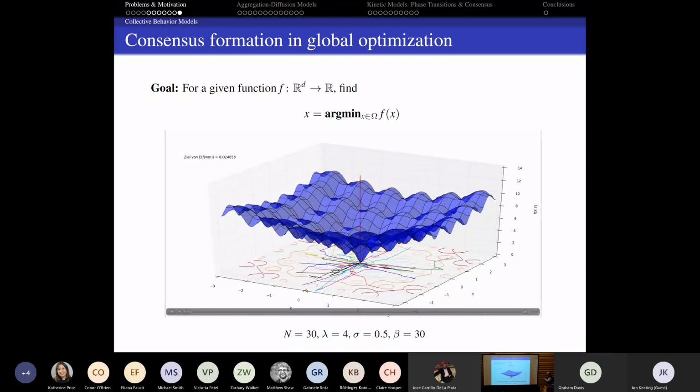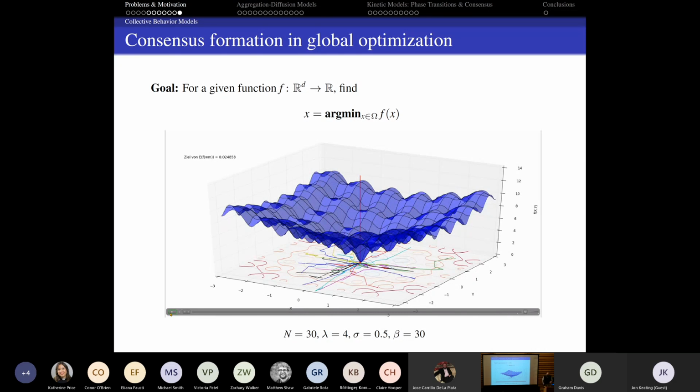What you have there is the trace of the particles that are moving and looking for the location of the global minimum. This is a kind of consensus model. They exchange information about where they are, in terms of what they see or what they measure, and then they move in the direction of trying to find the global minimum. I'm not going to enter into any details there, just to give you an idea of the kind of applications.